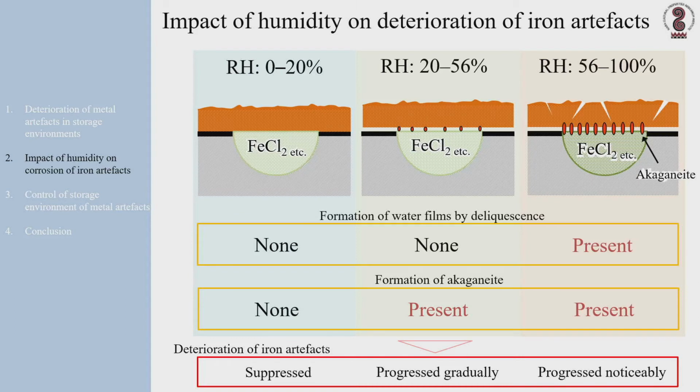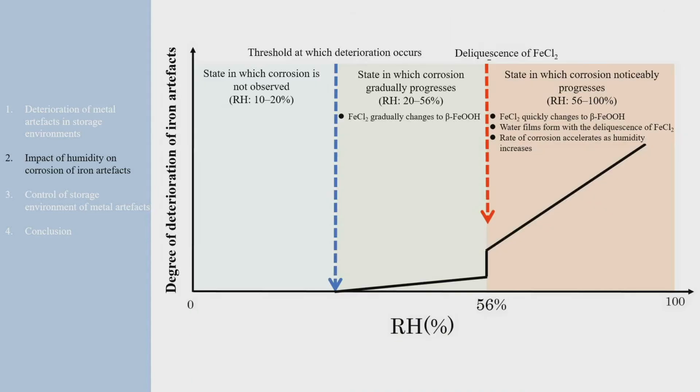This figure shows the factors which cause the corrosion of iron artifacts at various relative humidities and the degree of deterioration. This is a simplified graph that shows the deterioration of iron artifacts at various relative humidities. There are 4 points to note on this graph. 1.